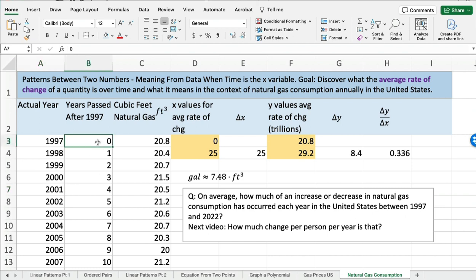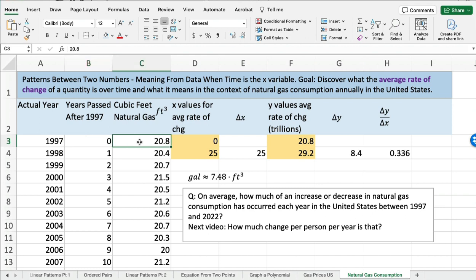So there are reasons why you might want to make your time values a little more manageable numbers, because it really doesn't make a whole lot of sense to go all the way back. Clearly, year zero, there was no natural gas being used way back when. So it only makes sense to start time at 1997 in this particular problem.